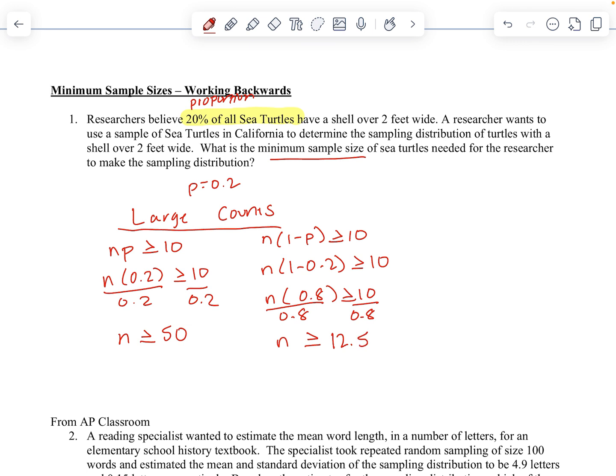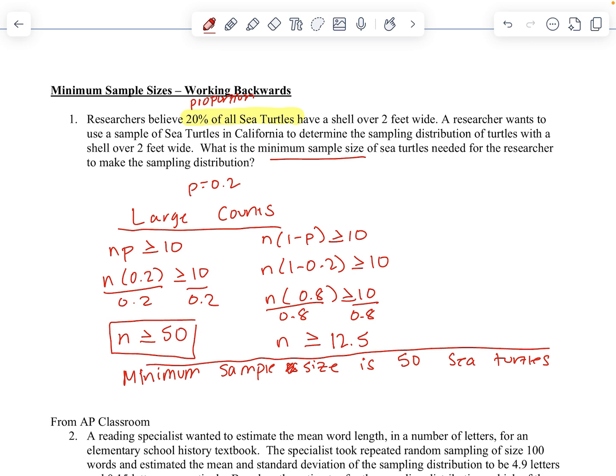So in this case, because we need both of these conditions to be met in order for us to have the large counts property met, this is the one that needs to be true. Because if it's at least 50, it's also at least 12.5. So the minimum sample size is 50 sea turtles.